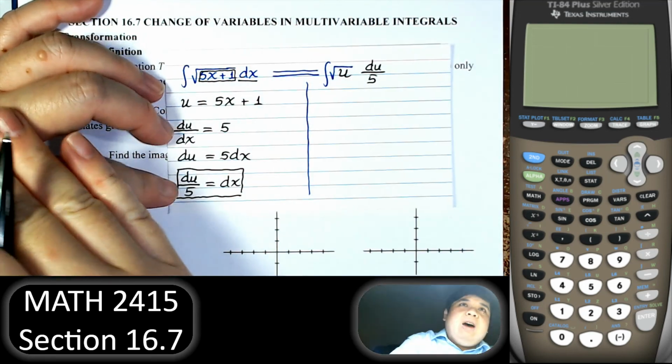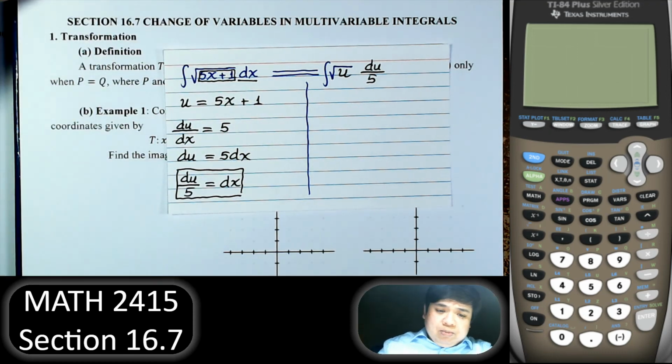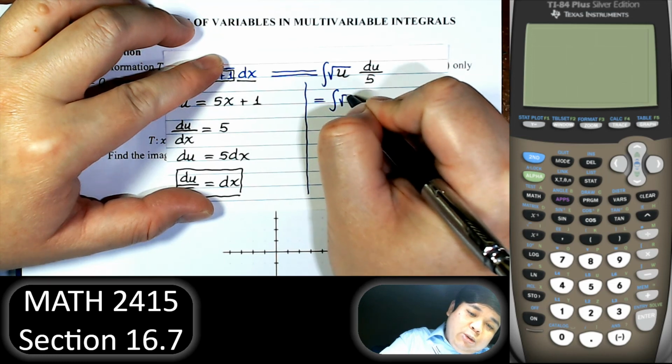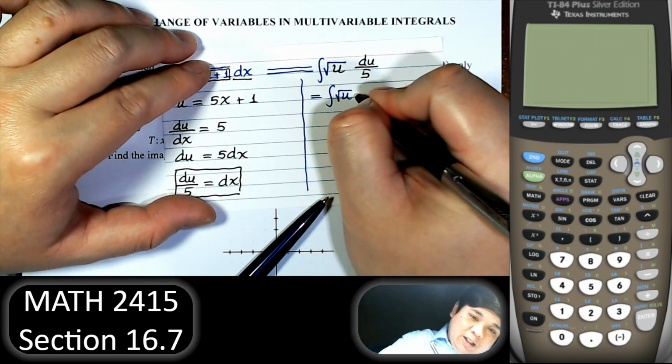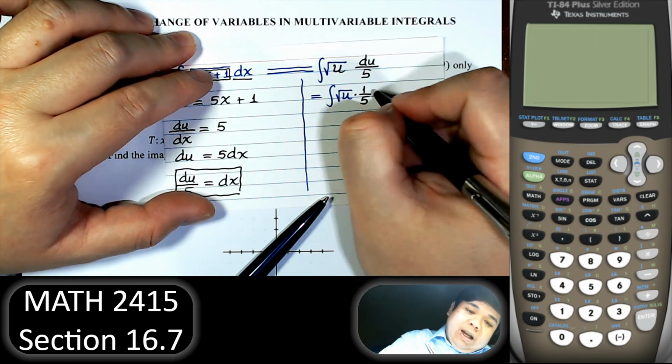And of course we take the 5 outside and integrate. But now let's focus on this. Instead of writing it like that, I can write the square root of u, divided by 5. I'm going to write 1/5 and then du.